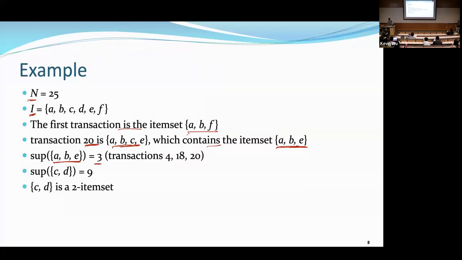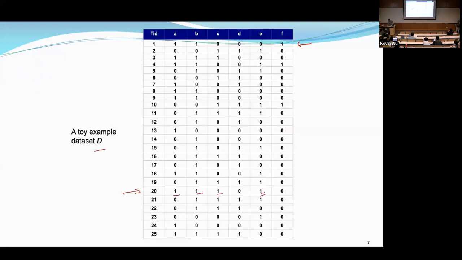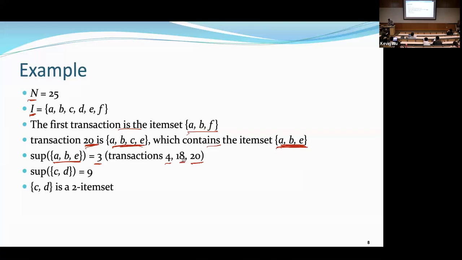That is because among the 25 transactions in the example, we have transactions 4, 18, and 20 containing the item set ABE. For example, transaction 20 is ABCE, it contains ABE, and therefore it is counted. Transaction 18, which is here, is ABE as well, so it contains ABE, and therefore transaction 18 also supports the item set ABE.